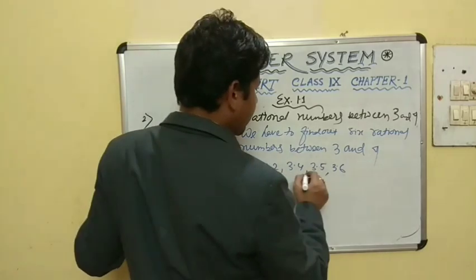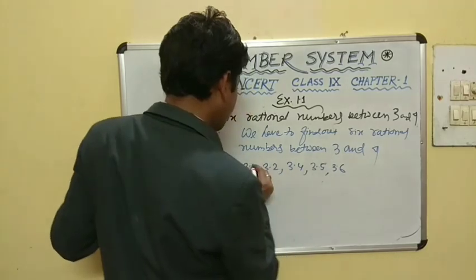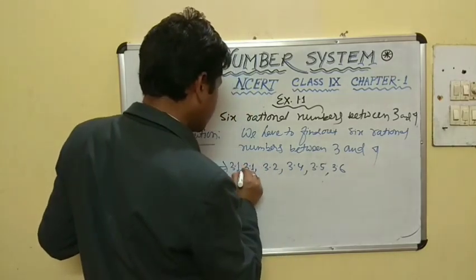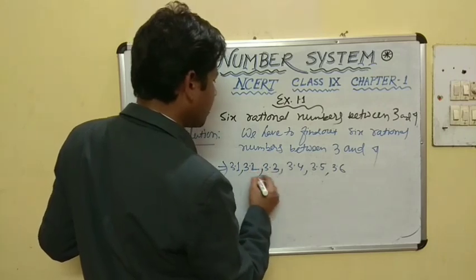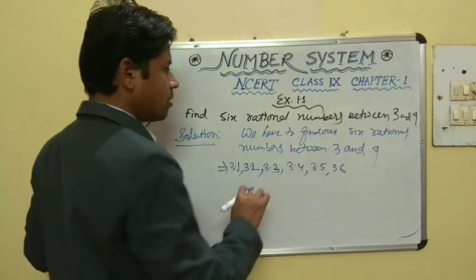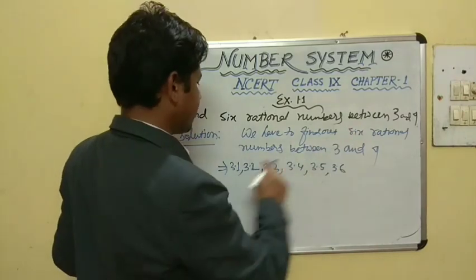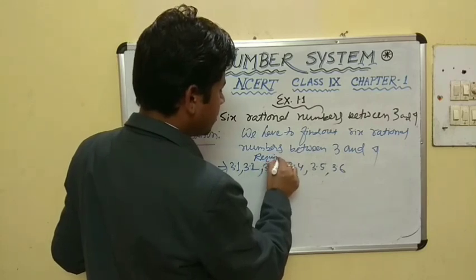So we are going 1, 2, 3.1, 2, 3, 4, 5 and 6. So we have to find out 6 rational numbers. These are the required numbers.